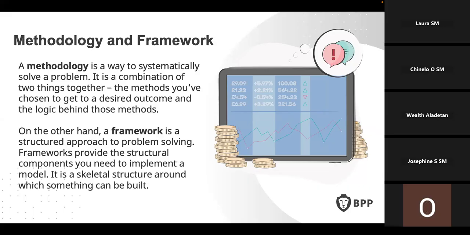On the other hand, a framework is a structured approach to problem solving. A structured approach, there are structures to it. So what the framework does is that it provides the structural component that you need to implement a model. It's like having the skeletal part.